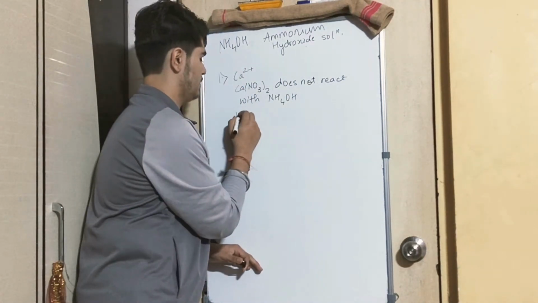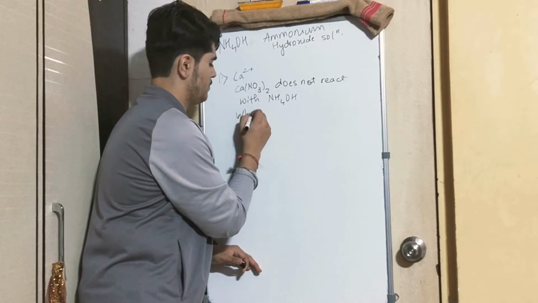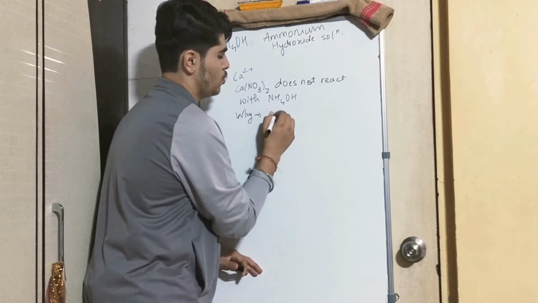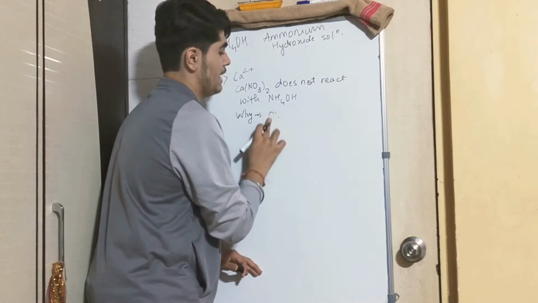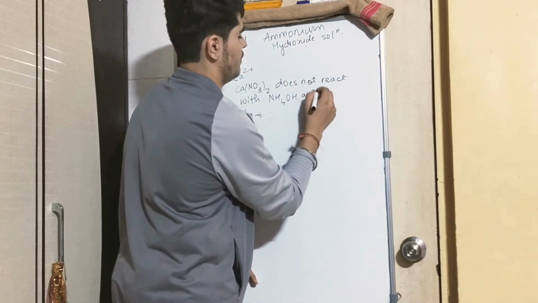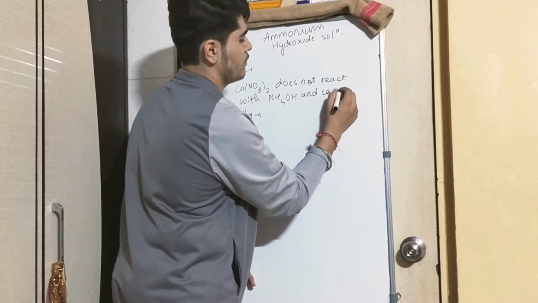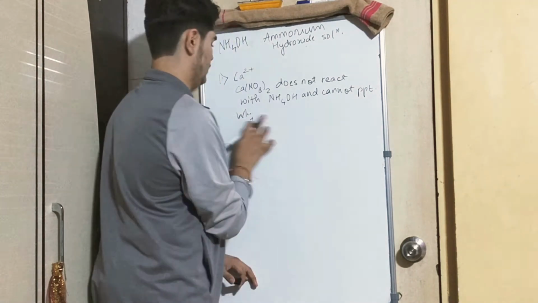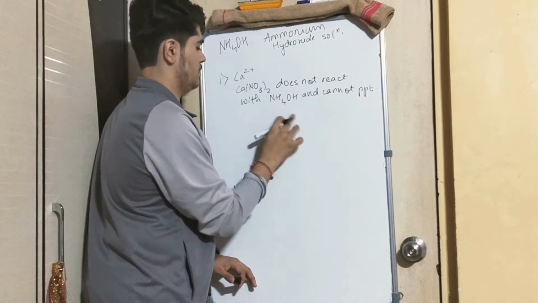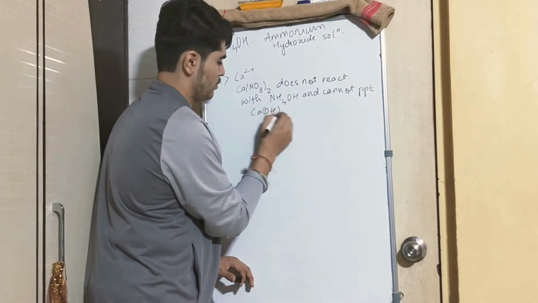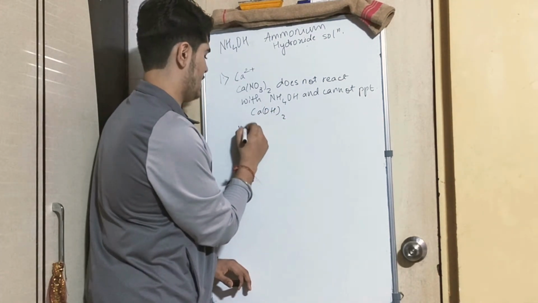Why? The reason is that OH cannot make a precipitate of Ca(OH)2.